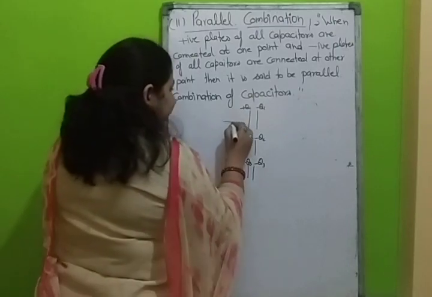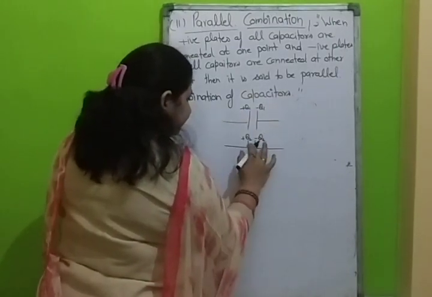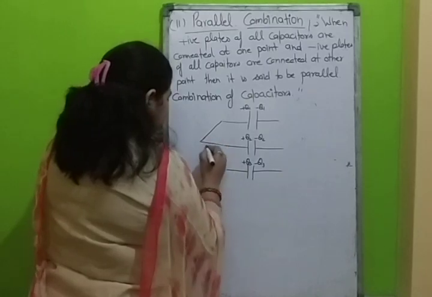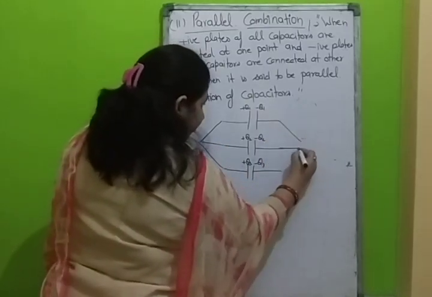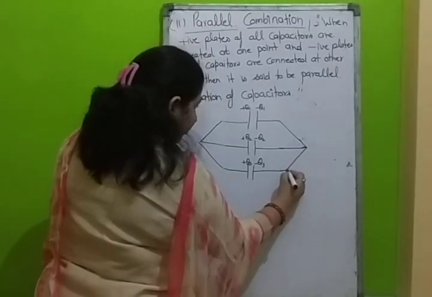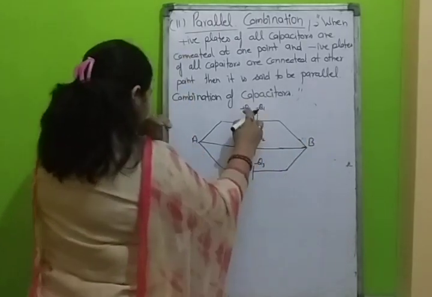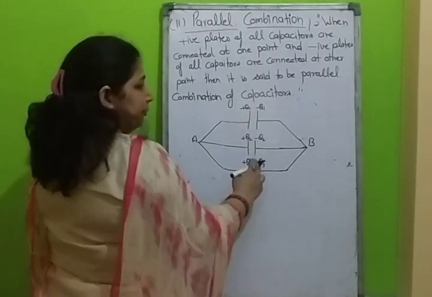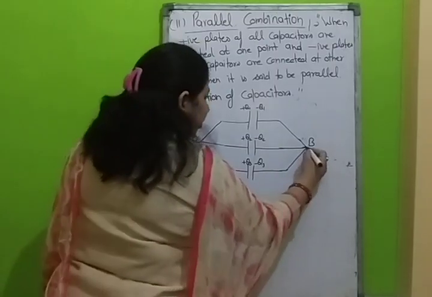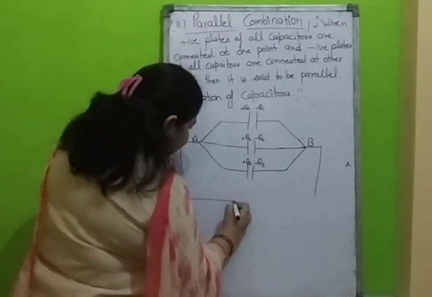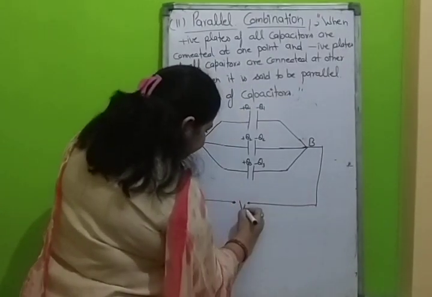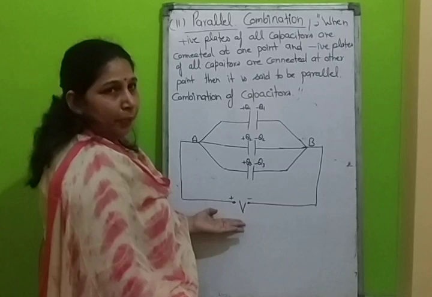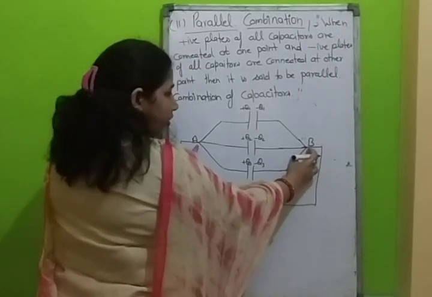And all the positive plates of all the capacitors are connected at one point A, and all the negative plates of all the capacitors are connected at point B. Now applying a potential difference V across the combination, it is clear that all the capacitors have the same potential difference V. This potential V is applied across these points.